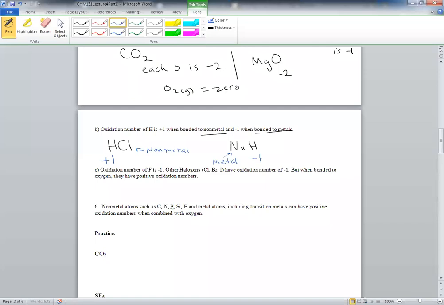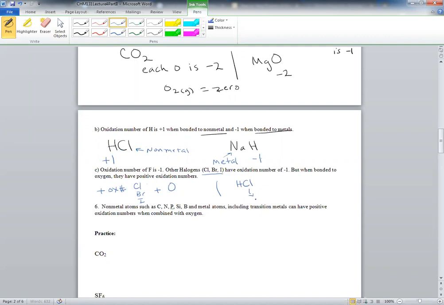Getting close. Oxidation number of F is -1 always, unless it's F2. However, other halogens, Cl, Br, and I, have oxidation numbers of -1. But when bonded to O, these three have positive oxidation numbers. So if I have Cl, Br, and I all attached to O, then they will have positive oxidation numbers. But if I have Cl attached to H, in this case, something like HCl, then you just go by the -1.